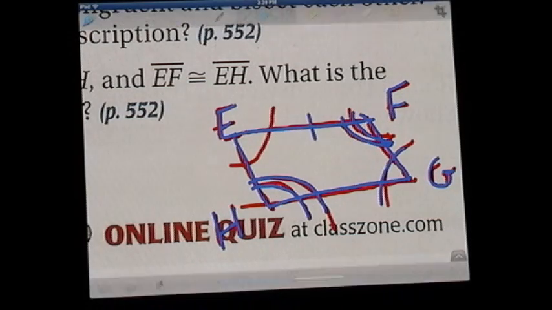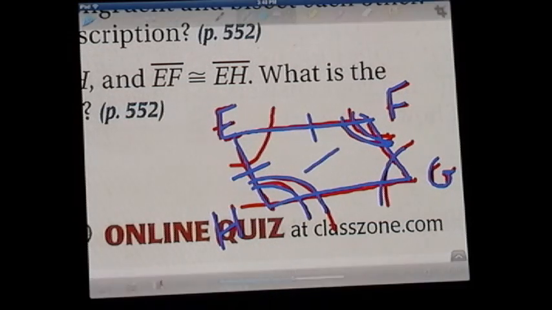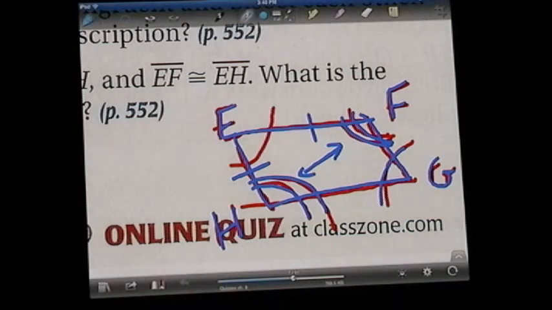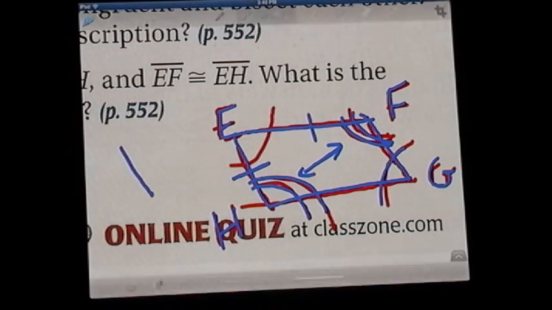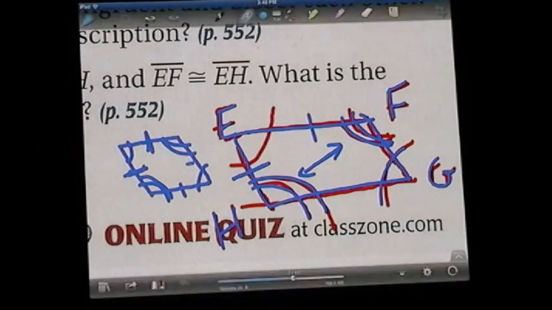We've not drawn them to be congruent, but if our opposite angles are congruent, what do we know about it? It has to be a parallelogram. So a more accurate drawing of this would be like this. And if EF and EH are congruent to each other, it has to be a rhombus. And if you don't draw this, you can wind up with any answer.